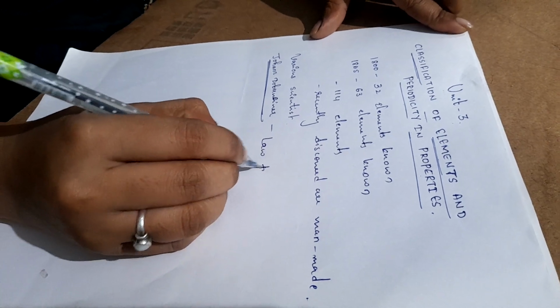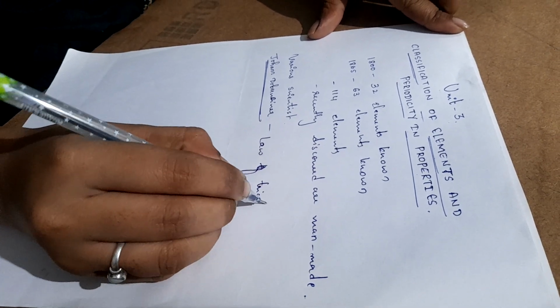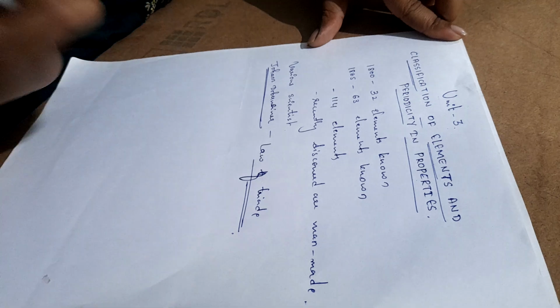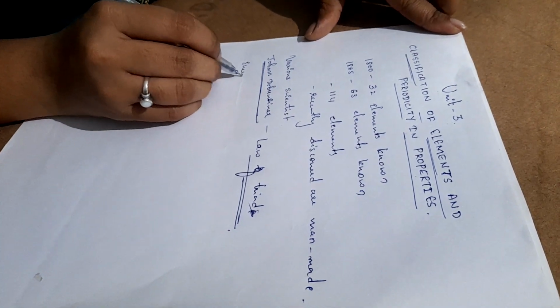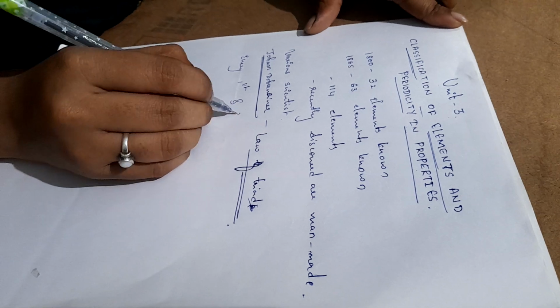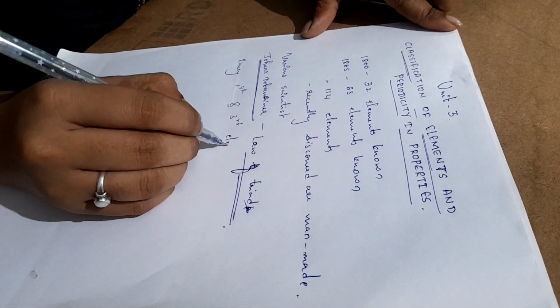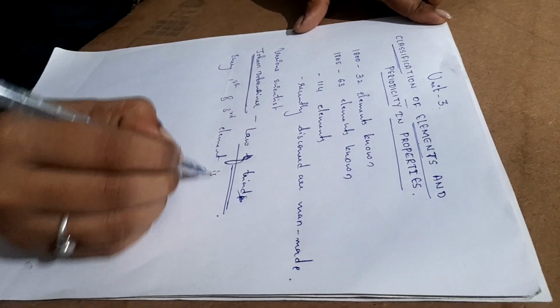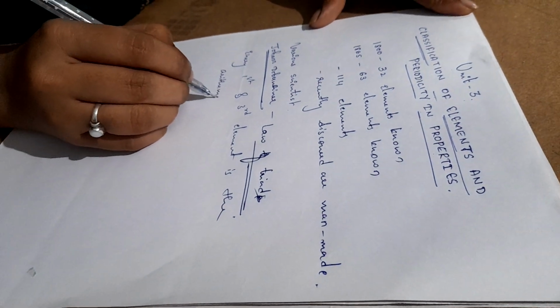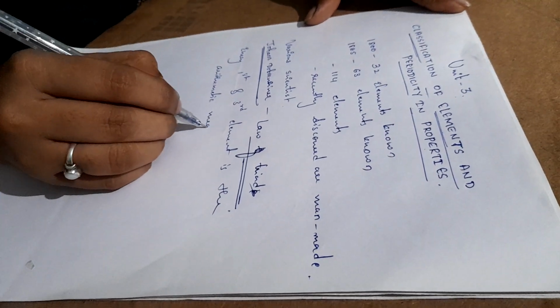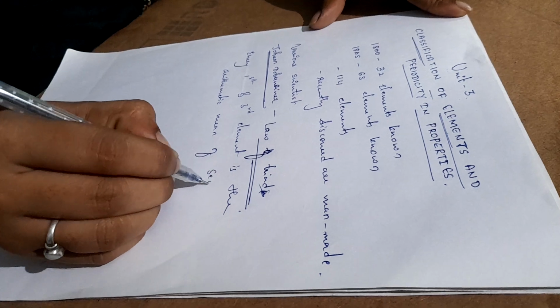According to the law of triad, what does this state? Every first and third element is the arithmetic mean of the second element.